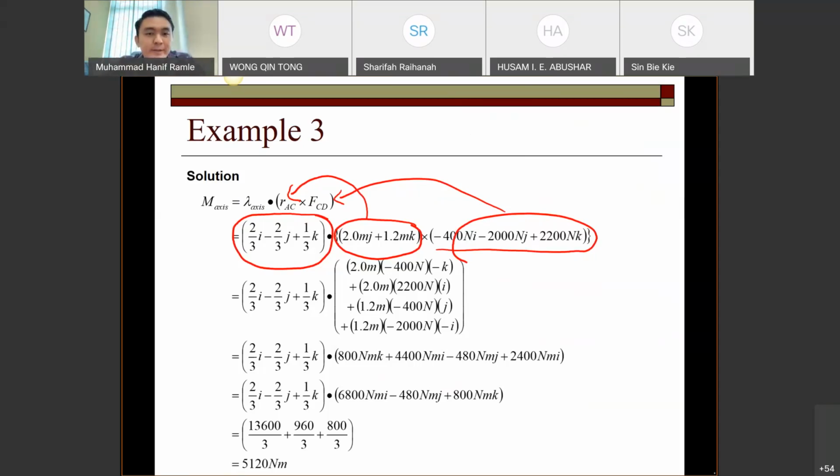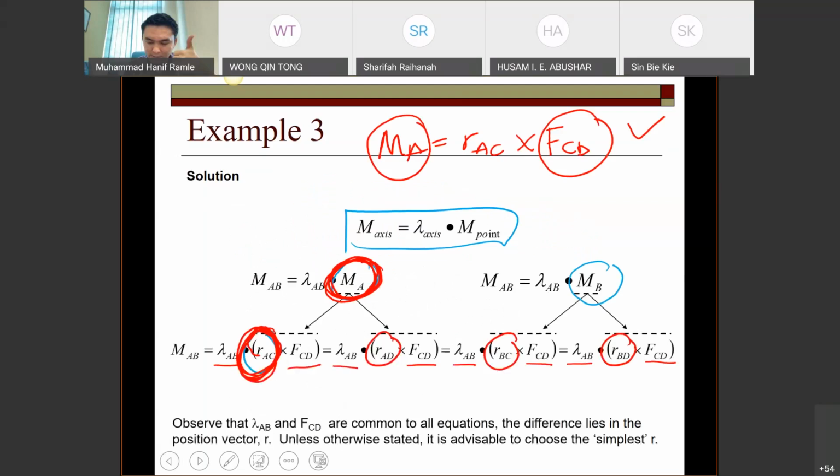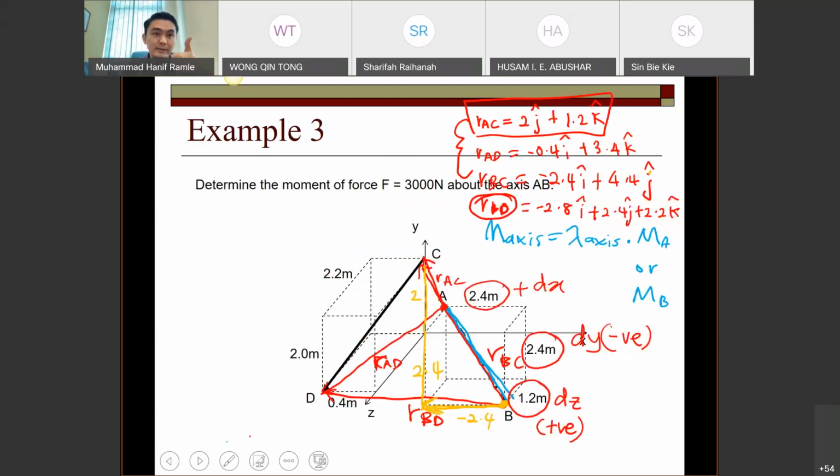The first thing that I said just now, you have to use the simplest R. No matter which R you use, the answer will be the same. But to reduce errors during the calculation and to speed up the calculation process, you have to use the simplest R. In this case, the simplest R that we have determined just now is RAC. In the calculation, you can use RAD, RBC, or RBD.